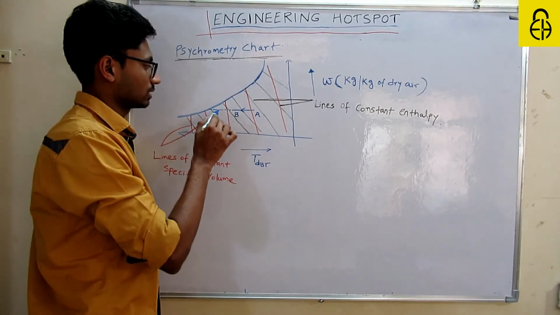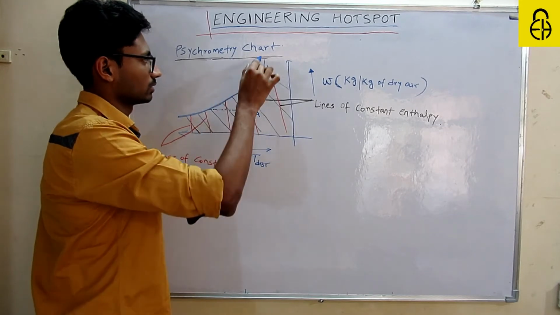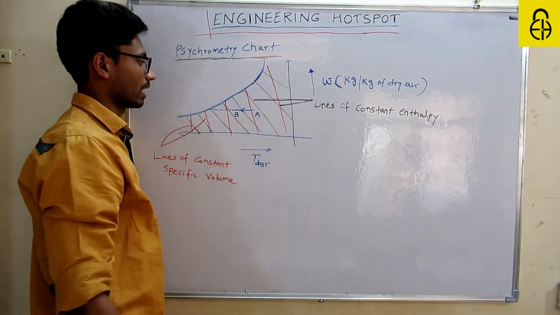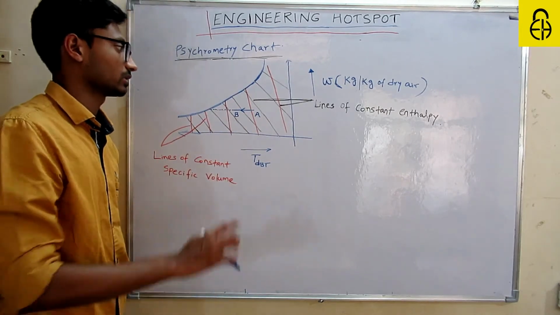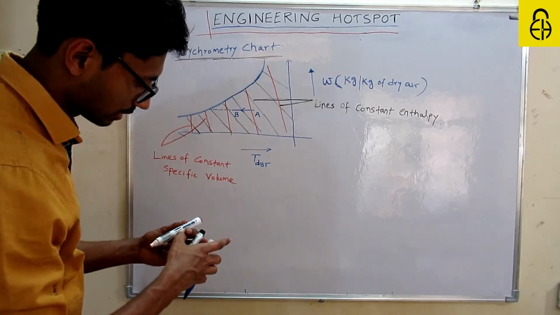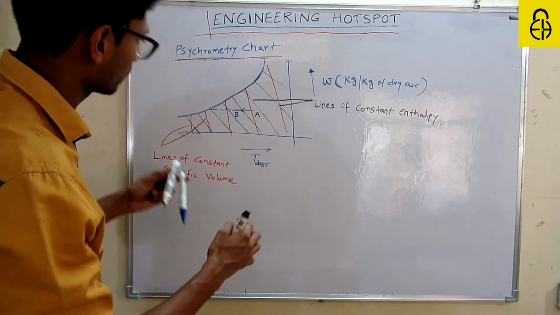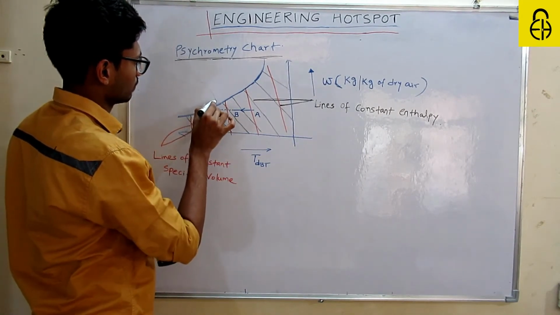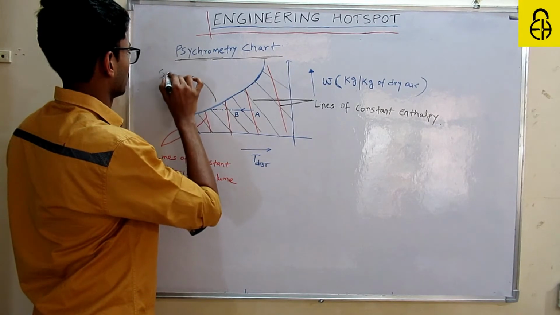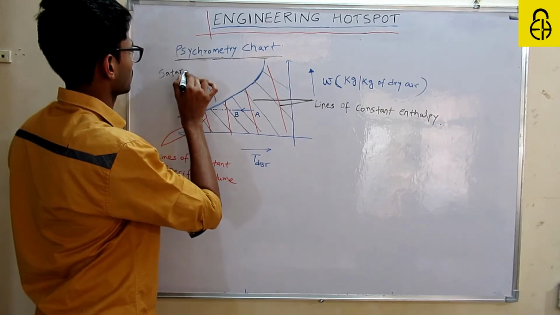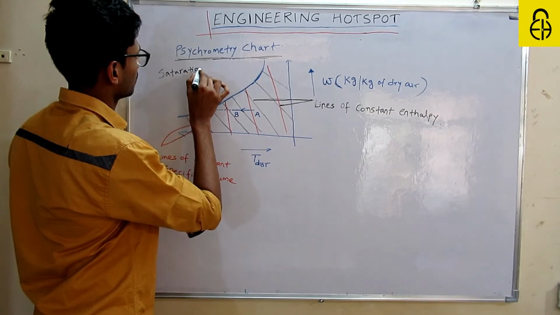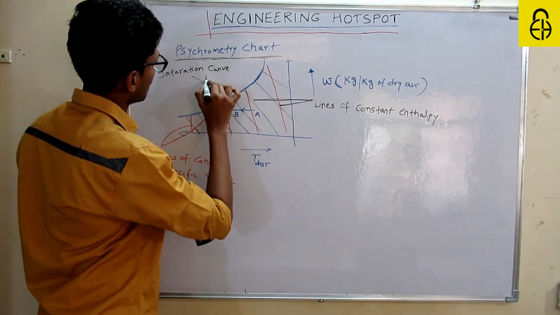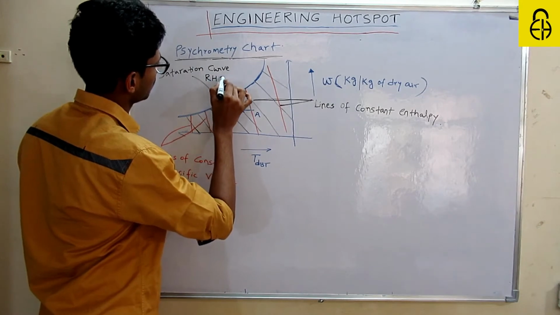Why have I done this? Because when you extend this line towards this curve, this curve is basically called the saturation curve. Saturation curve means RH is 100%.